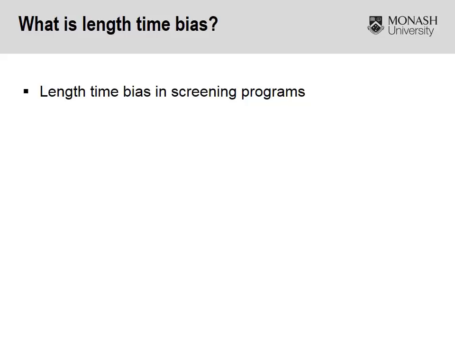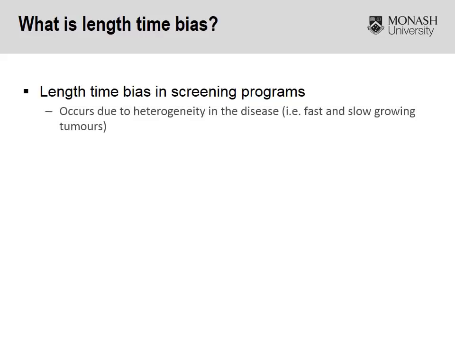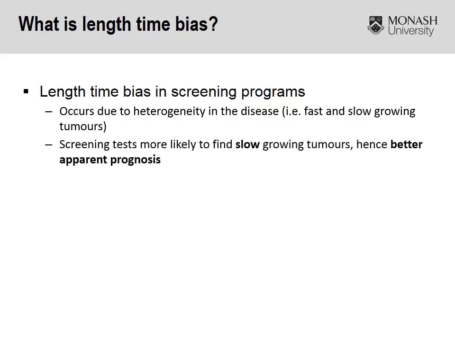So, two major biases that I want to cover in this short video. The first being length time bias, which we'll discuss now. Length time bias basically occurs due to the heterogeneity of the disease, in the sense that for a lot of these tests, it's really difficult, particularly when screening for cancer, to differentiate between fast and slow growing tumours.